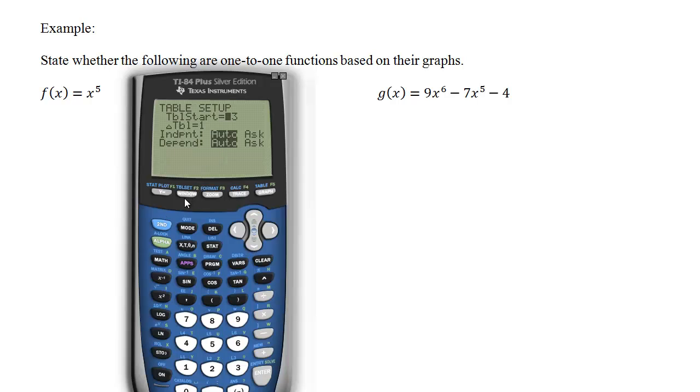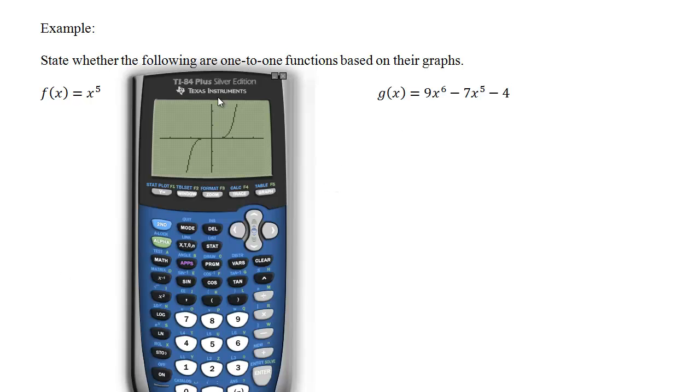So let's go even a little closer. Change it by 0.1, starting at -1. And I see still none of these are repeating the x values. So while it looks difficult when looking at the graph, this fifth degree polynomial is a one-to-one function.